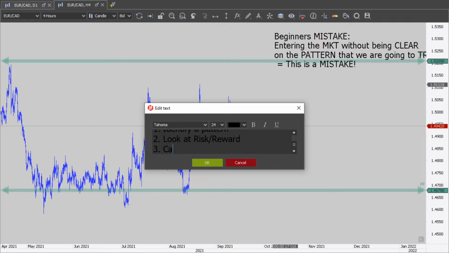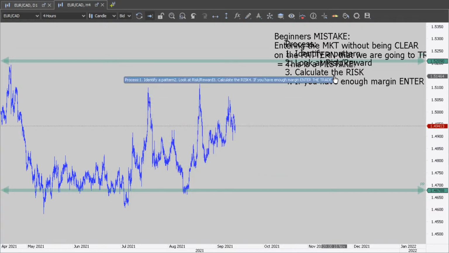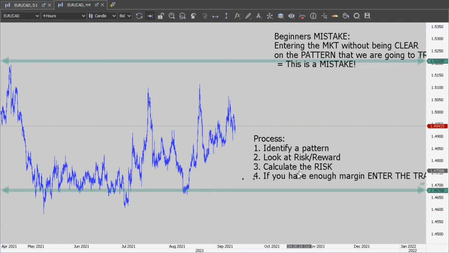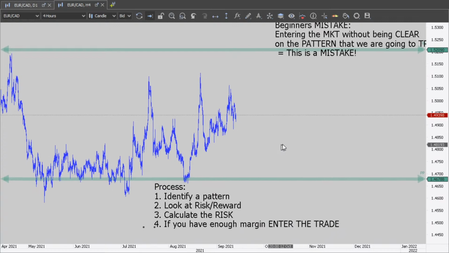Number 3, calculate the risk. Number 4, if you have enough margin, enter the trade. Oh, is that all? Yes sir, yes ma'am, that's all.